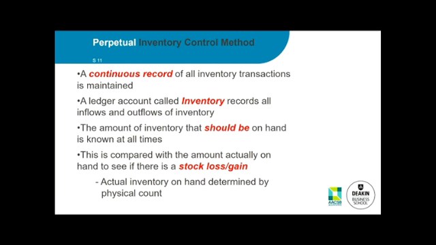So actual inventory on hand is determined by physical count, right? If it's feasible to do so, and they're clearly identifiable units that you can easily count, then you can do that and compare it. Because the other benefit is, if you know that you should have $5,000 worth of inventory and you only have $4,800, there's a possibility that it was stolen, so you can investigate further.